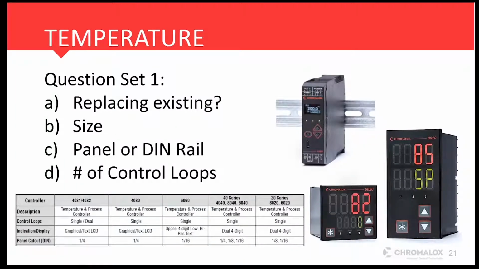But assuming this is a new type of application or opportunity, what I move on to from there is, are there any sort of size requirements? Does it need to be panel facing, where an operator can get to it right from the front of a panel, or does it need to be on a DIN rail, kind of tucked away? And also just the number of control loops. Does this controller just need to handle controlling one heater?